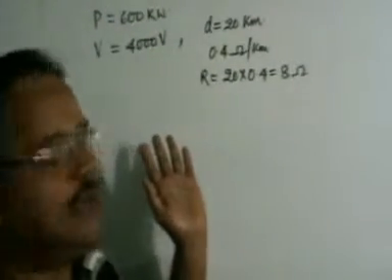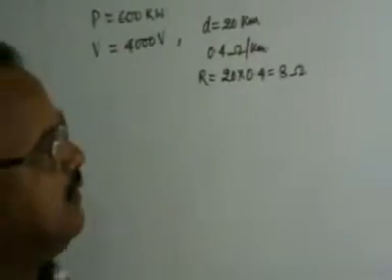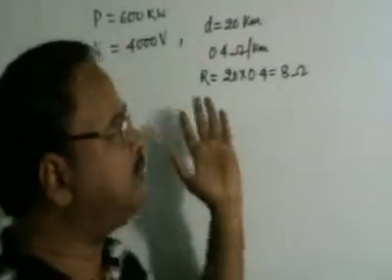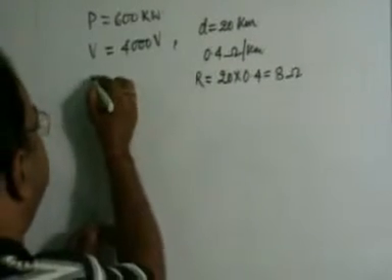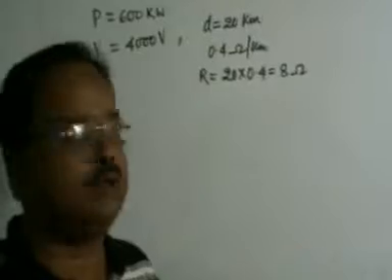Now we have to find the power loss. Power is given as 600 kilowatt and applied voltage is 4000 volt. So what will be the current flowing through the transmission line?